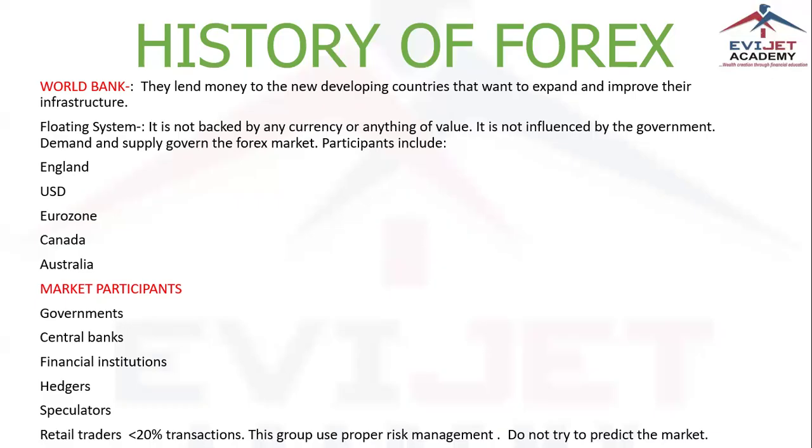We also have other institutions like insurance companies. Okay, so those insurance companies are also financial institutions. Now we have hedgers. All right, what do hedgers do? Hedgers are actually institutions that manage funds for companies.